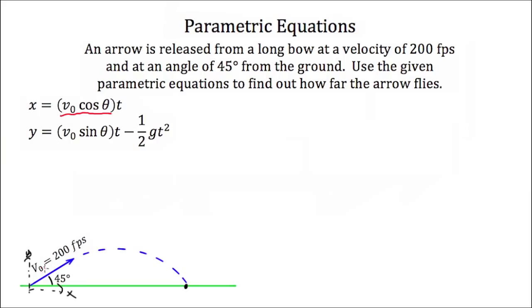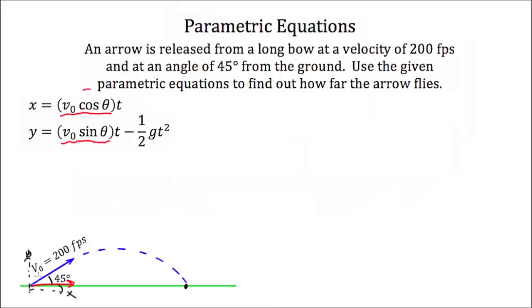Our velocity is moving in this 45 degree direction, but this is the x part, or the amount of this 200 that's going in the x direction. And that means that this is the amount of our speed that's moving in the y direction. Now if you take your velocity or your speed and multiply it by time, you will get distance.